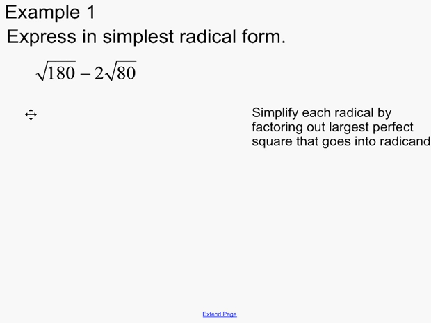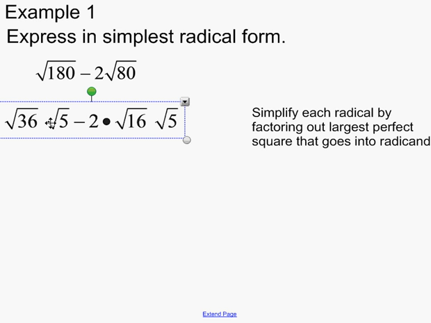We can rewrite that as radical 36 times radical 5. And we also want to simplify radical 80, and we can rewrite that as radical 16 times radical 5.